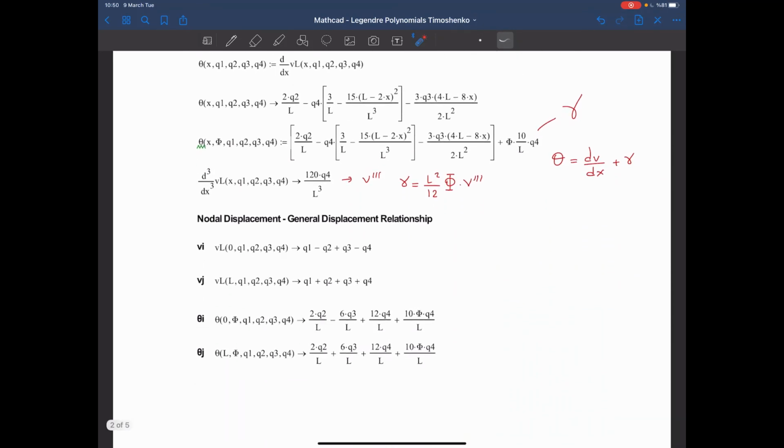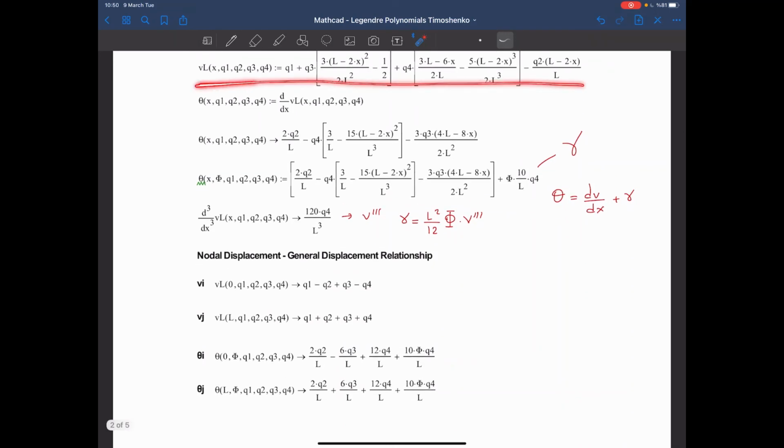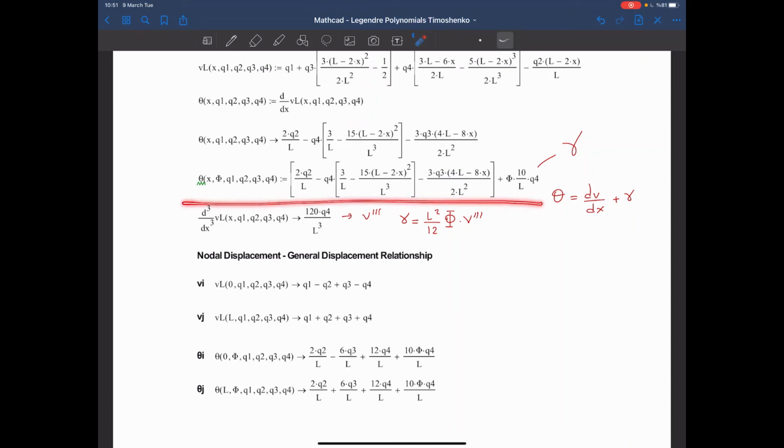So when we calculate the nodal displacement and the general displacement relationship, this part is the same because this part of this interpolation has not modified. I only modified the rotation. So these first and the third rows of the G matrix is the same. The second row, so I'm using this operation, putting x equal to 0, gives me the following.